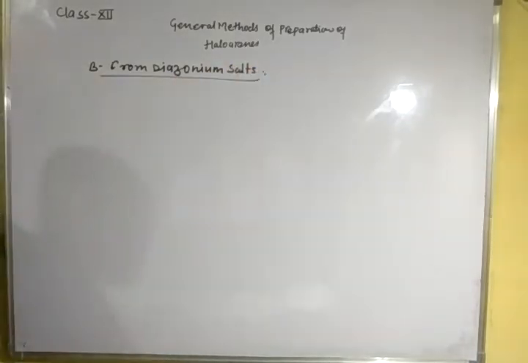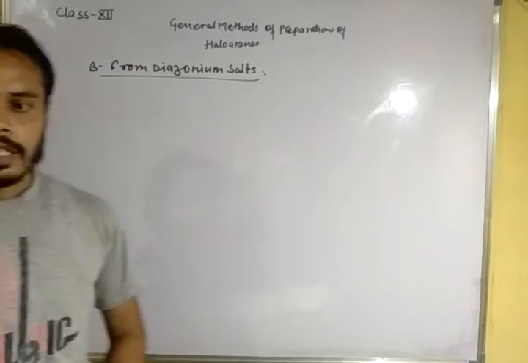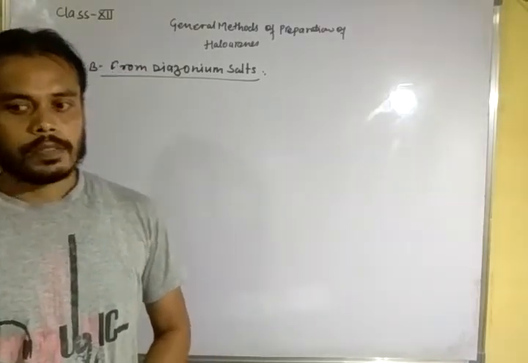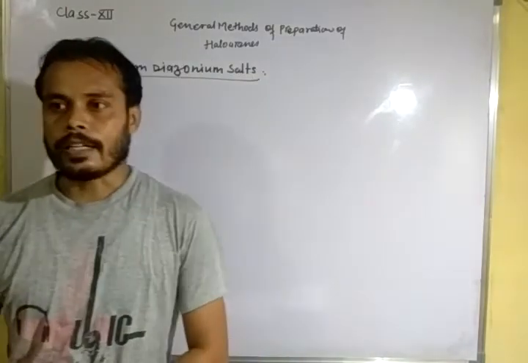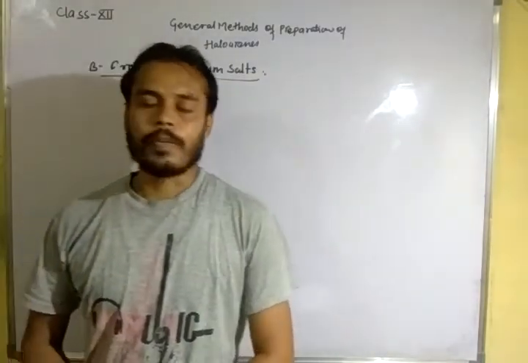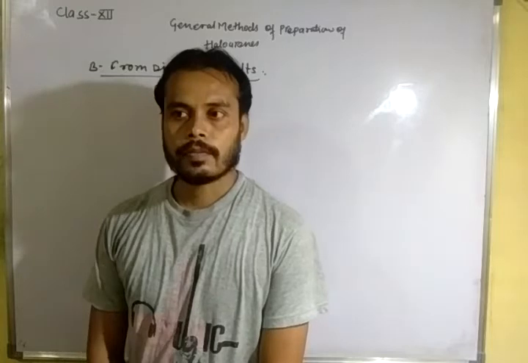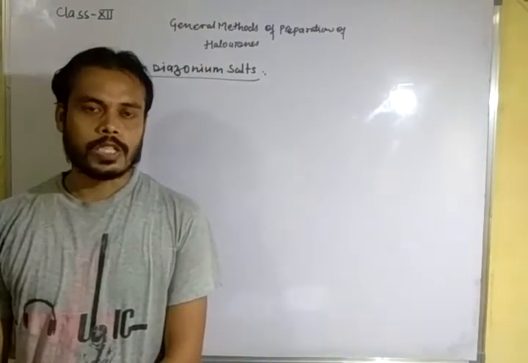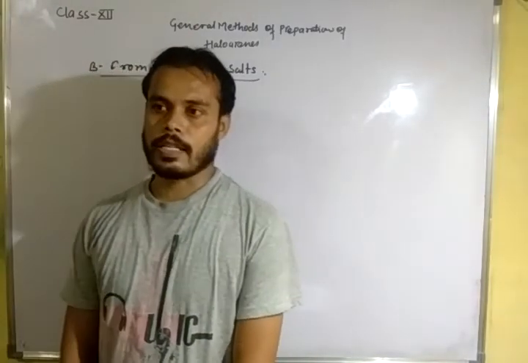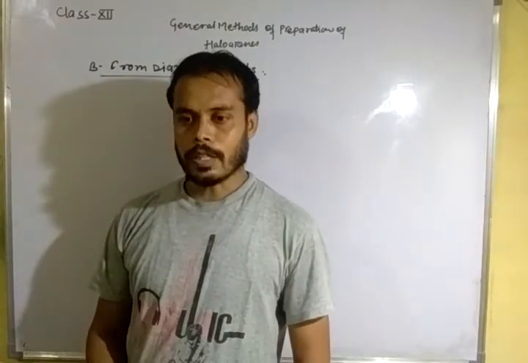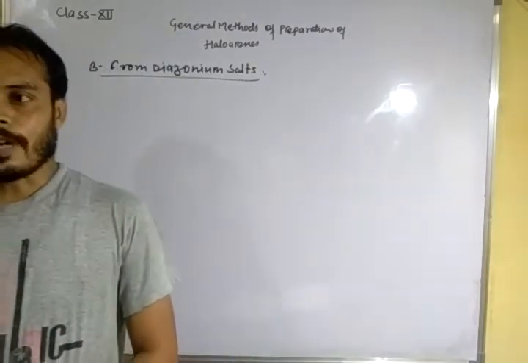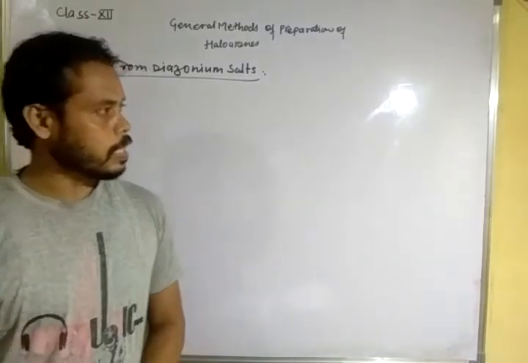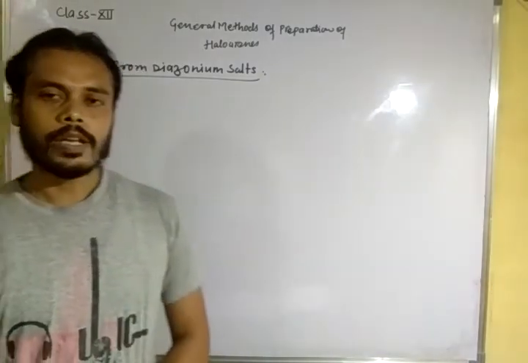You know, diazonium salt is very unstable, and it is prepared by treating aniline with nitrous acid, or aniline with sodium nitrite and HCl. Without sodium nitrite and HCl, diazonium salt cannot be prepared.